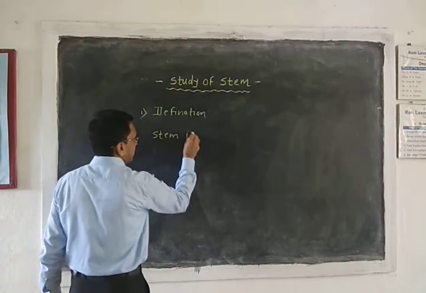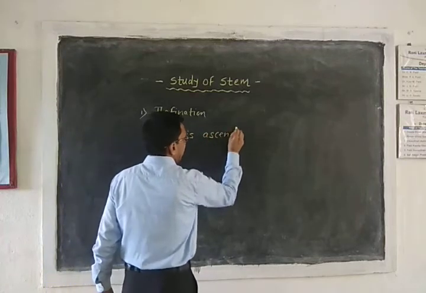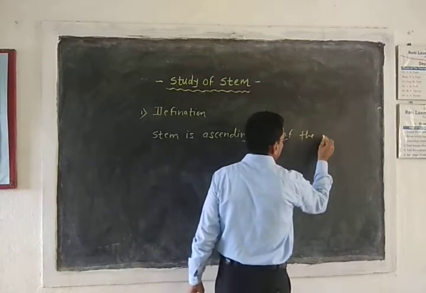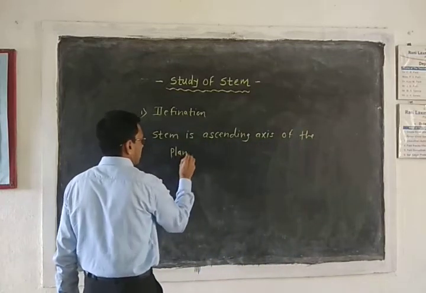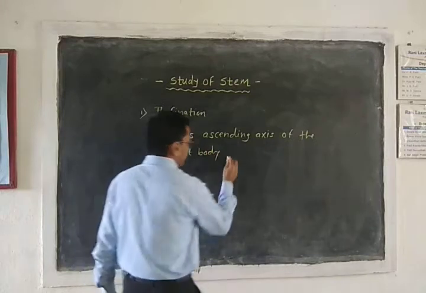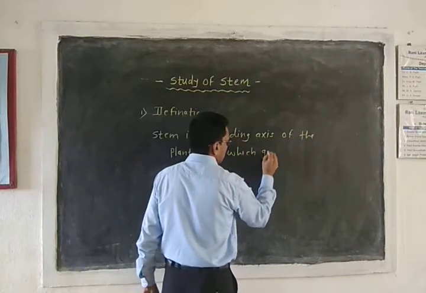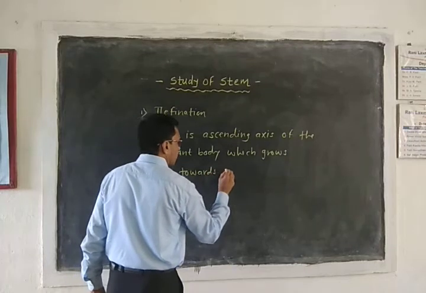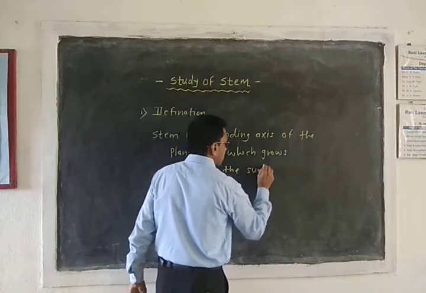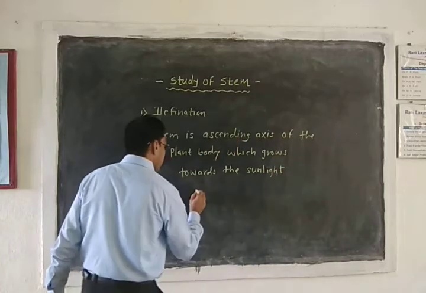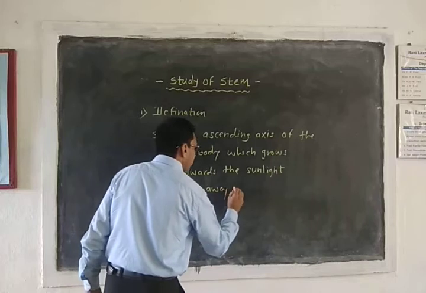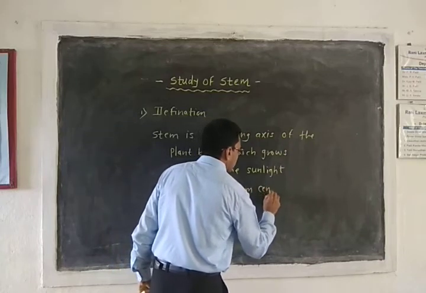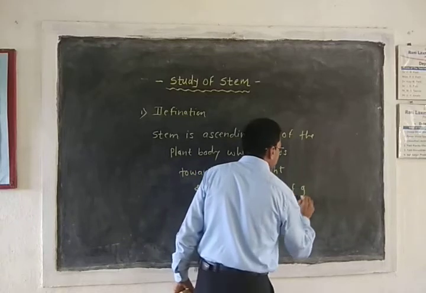Stem is ascending axis of the plant body which grows towards the sunlight and away from center of gravity.